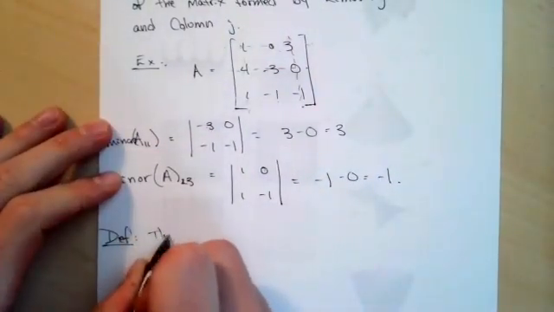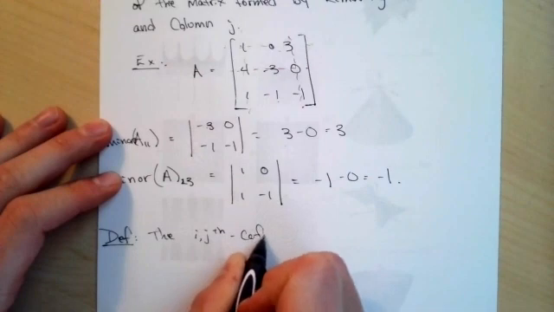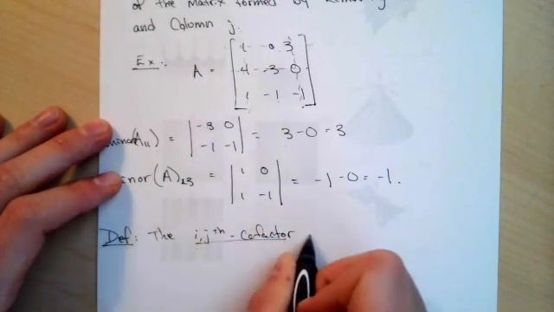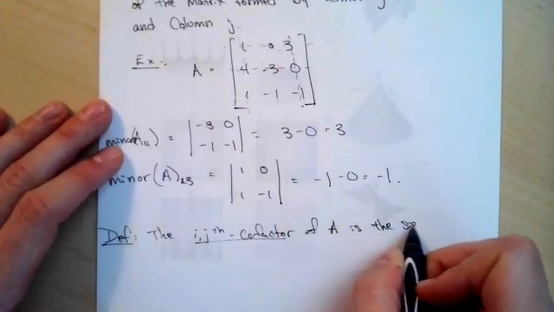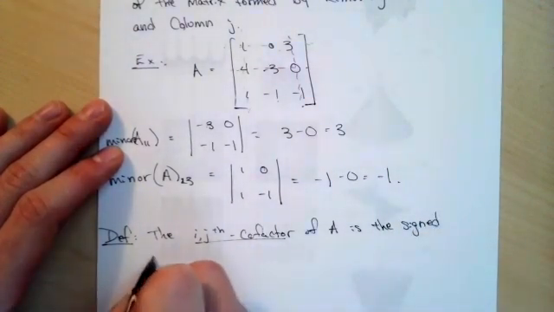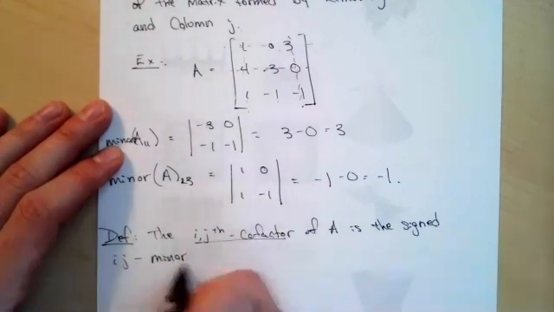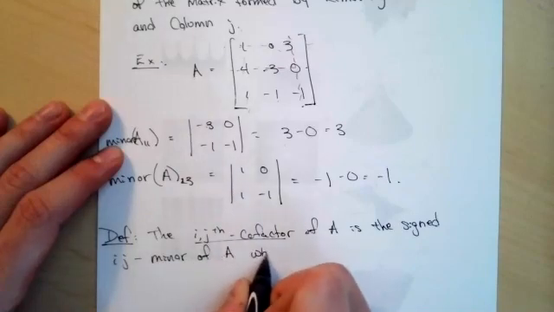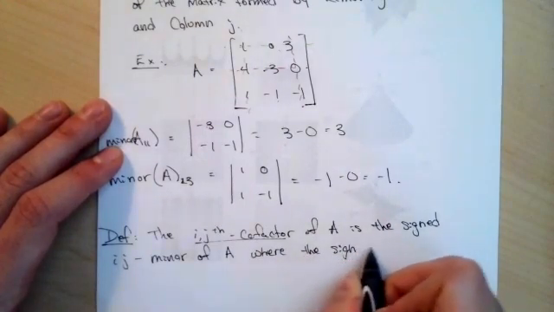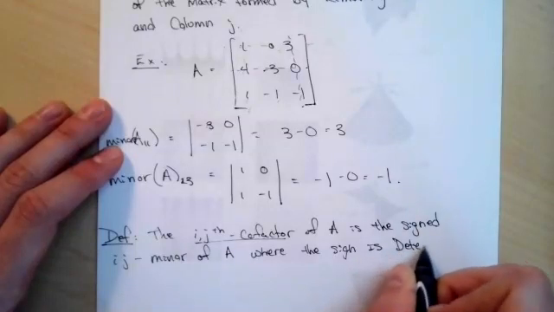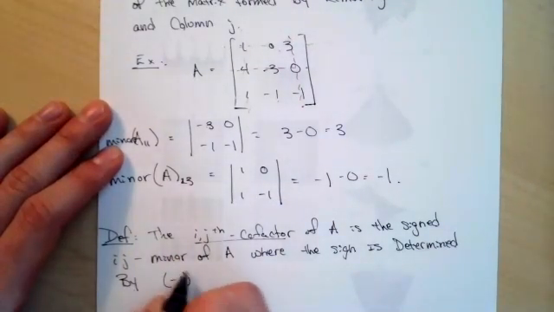And the cofactor, let's say the ijth cofactor of A is the signed ij minor of A, where the sign is determined by just minus 1 to the i plus j.